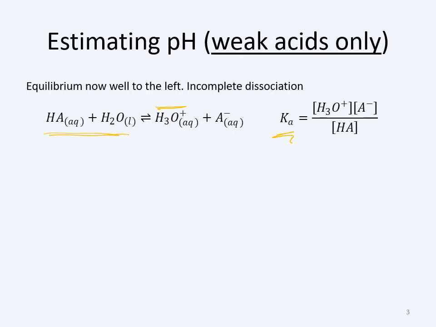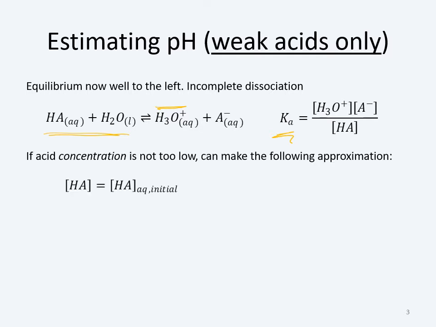Okay, so if the acid concentration isn't too low, we can make this approximation, which is essentially that the concentration at equilibrium of our undissociated species is very close to, or nearly the same as, the concentration that we made up in the first place.